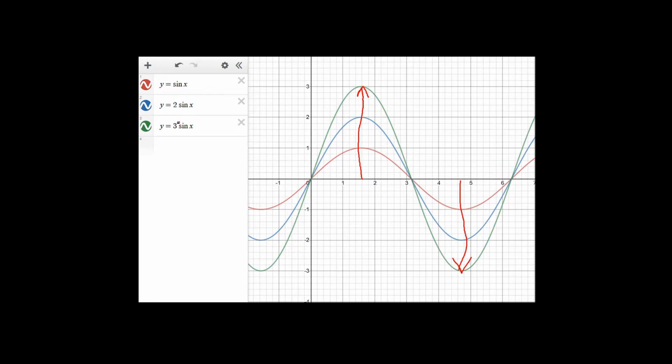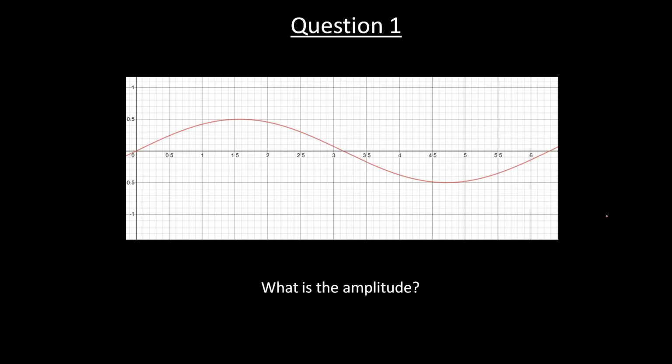This is what the amplitude controls. It controls how high these bumps are. You can see the red line is 1 amplitude, the blue line is 2 amplitude, and the green line is 3. So question 1. Looking at this function, what is the amplitude?